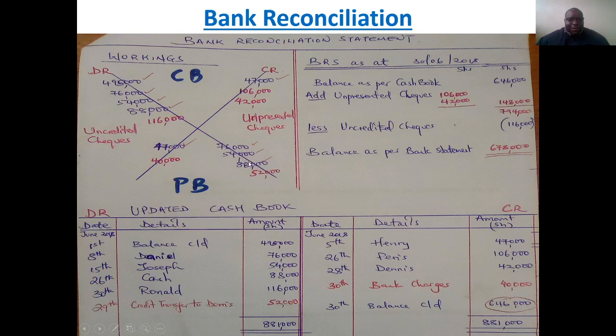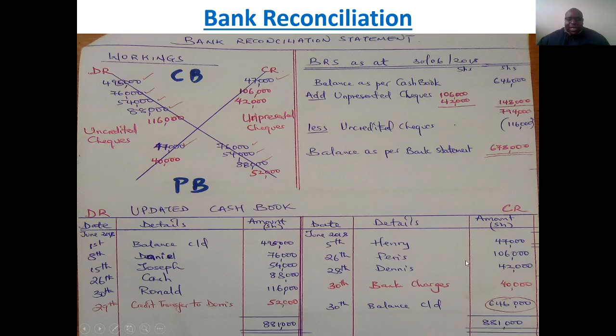You have 76, 54, 88. This had not been reflected, we recorded that here. Then, on the credit side, we record the 47,000, 106,000, 42,000, and 40,000. We don't repeat the 47,000.